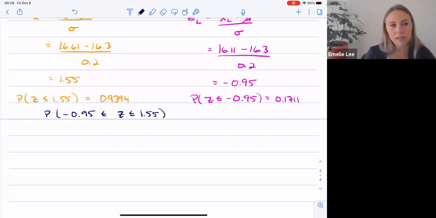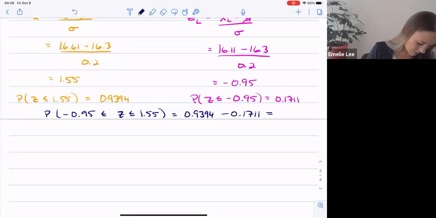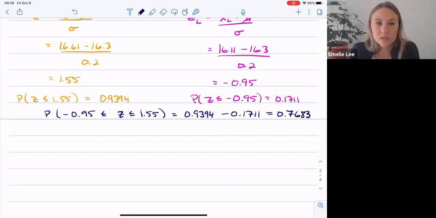We want the area in between here, is 0.9394 minus 0.1711, which is 0.7683. So 76.83% of boxes are going to be between 16.11 ounces and 16.61 ounces. Okay. Tried to keep it on the same page here.